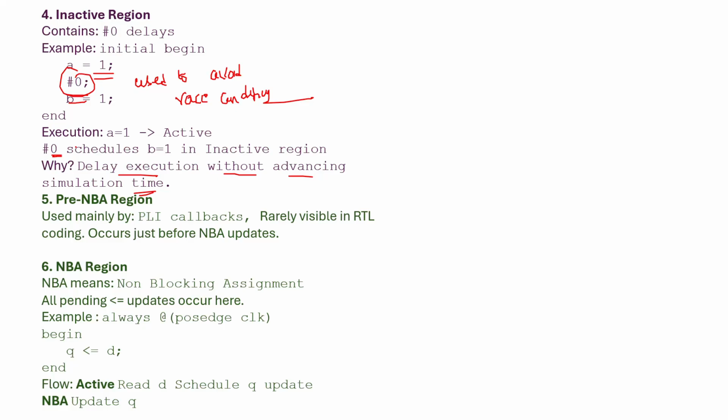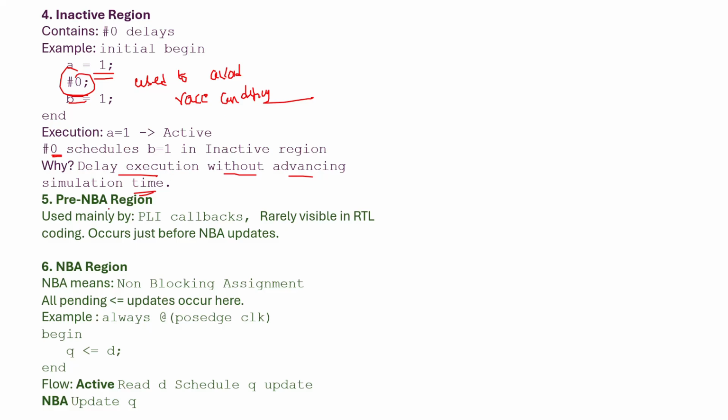That is the reason it executes here. So #0 is a delayed execution, but it's not giving any further delay. It's like you start from your house and someone calls you back just as you are crossing the gate. Same thing happens here.